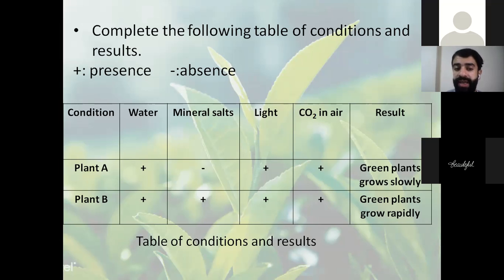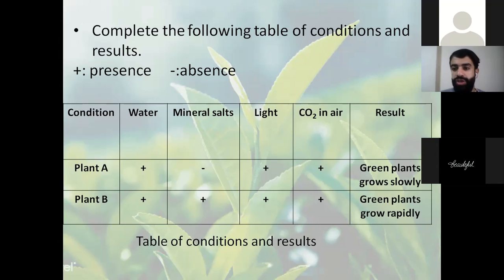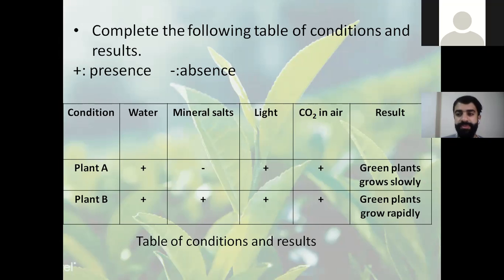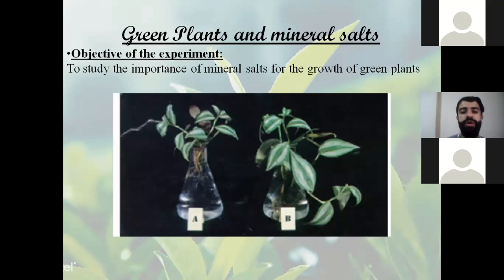Moving to the analysis. Who can do the analysis for this experiment? Yes, Lin Shibani. Before we move to the analysis, can you compare the aspect, the appearance of plants A and B?